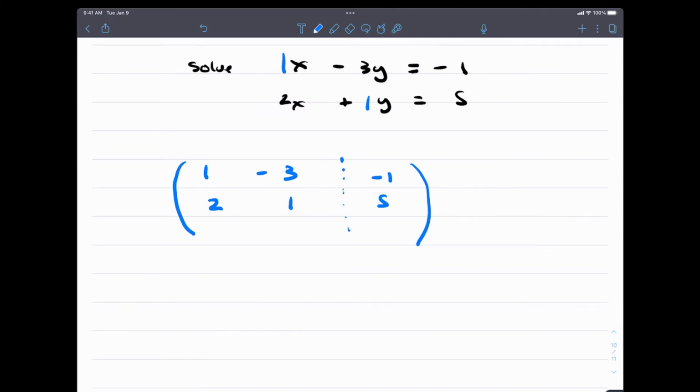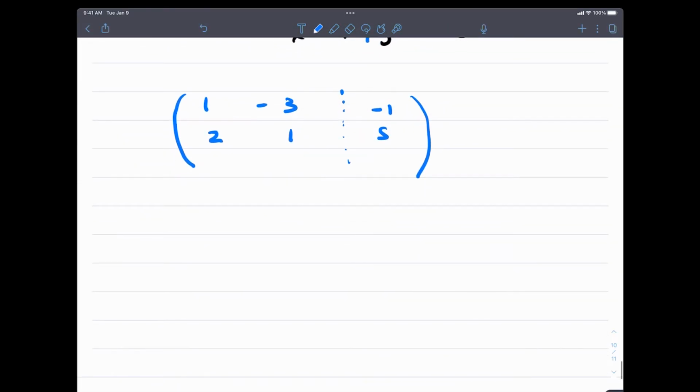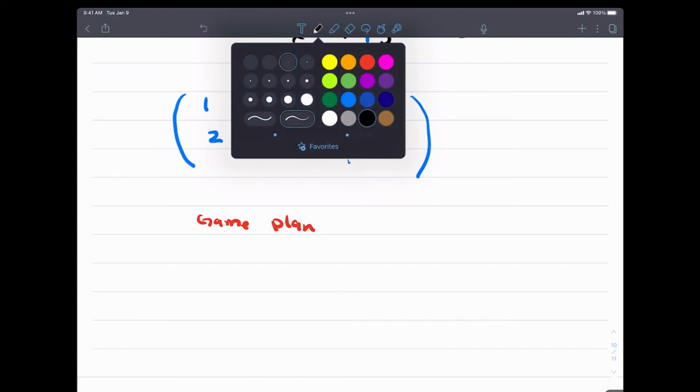Now, what are we going to do? Now, what I'm going to say, here's your game plan, ladies and gentlemen. This is the most important point. Here's a game plan. You want to create this matrix here. What do we call this matrix?